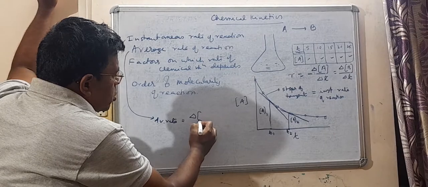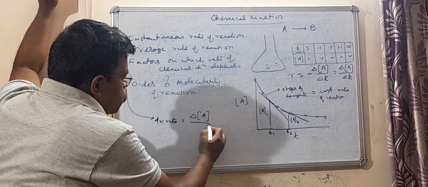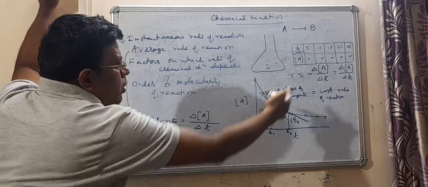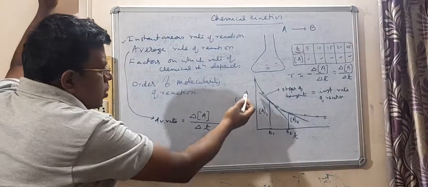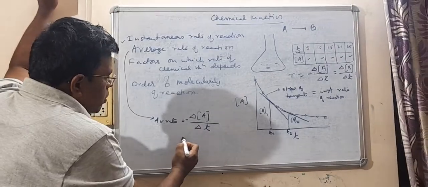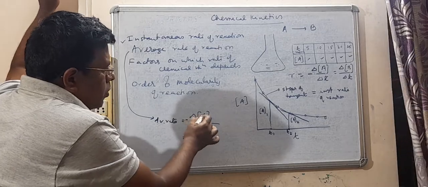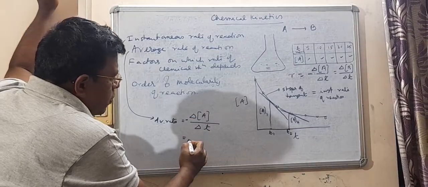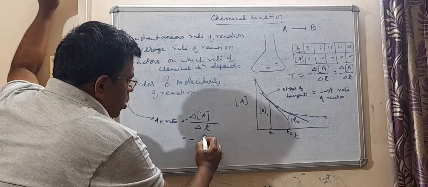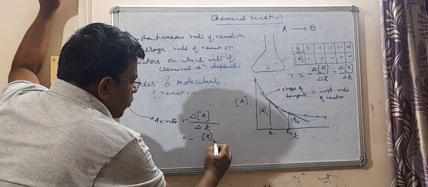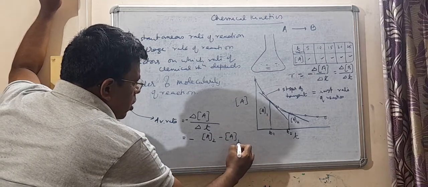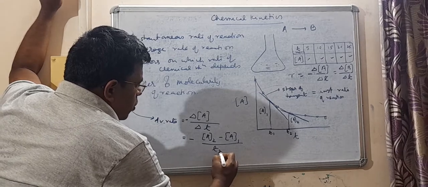change in concentration of A by time taken. Since we are involving a reactant, we put a minus sign. And what will be this value? This value will be final concentration, that is A2, minus initial concentration A1, by T2 minus T1.